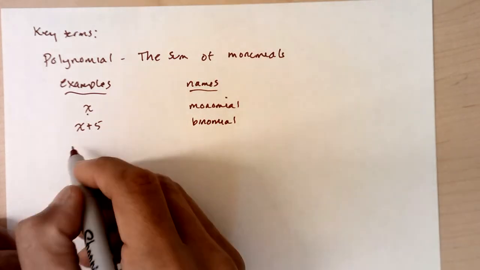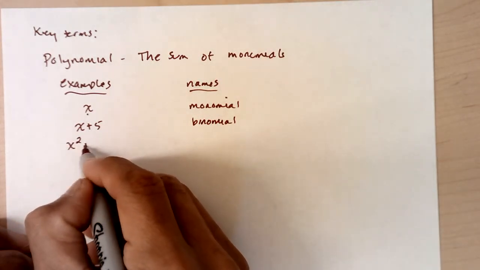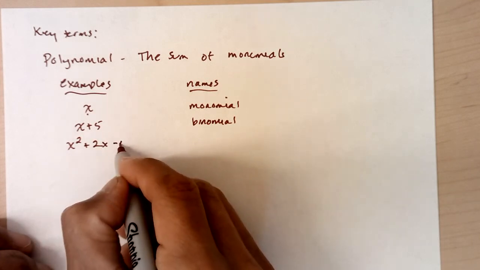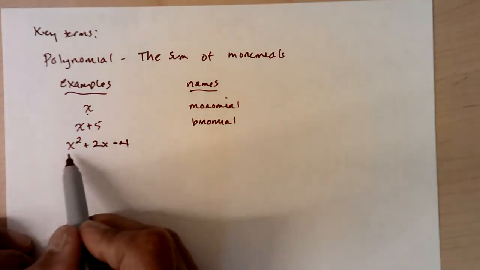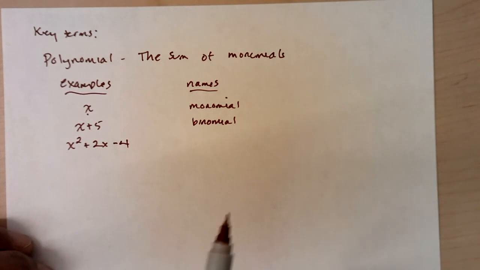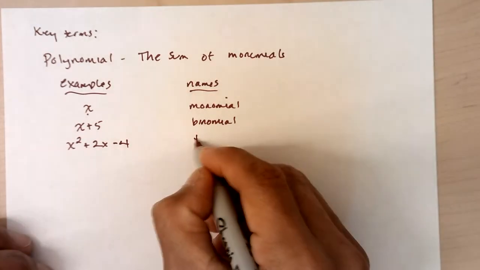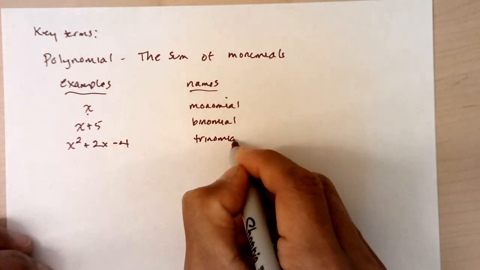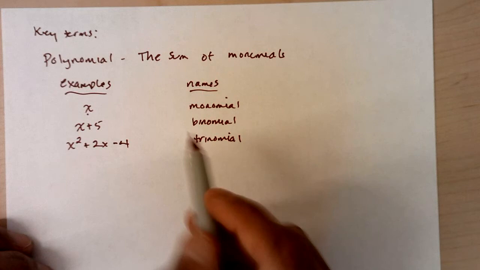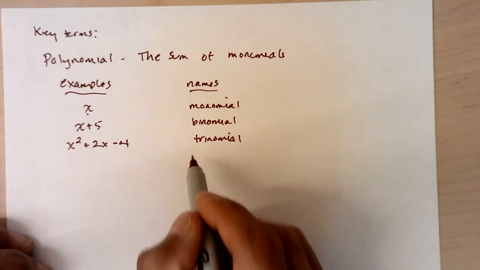If there are 3 terms, like x squared plus 2x minus 4, x squared is a monomial, 2x is a monomial, -4 is a monomial. There are 3 terms there. So the name of that polynomial is a trinomial. You have to be familiar with each of the specific names. Mono, 1, bi, 2, tri, 3.